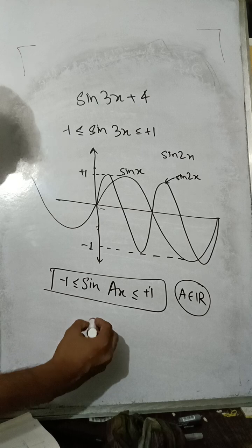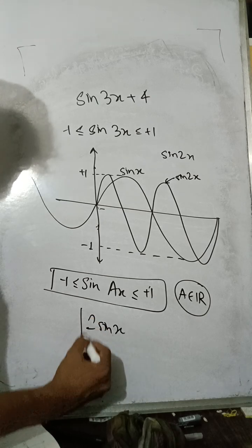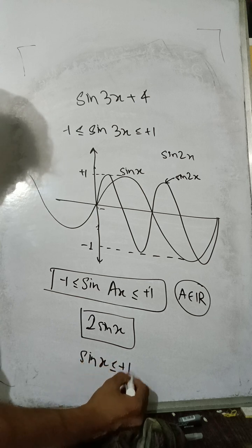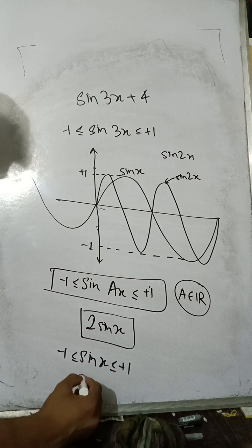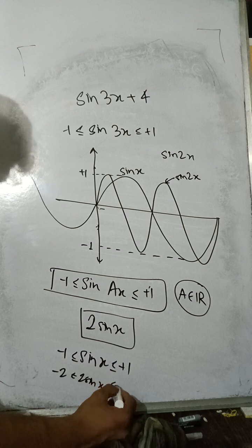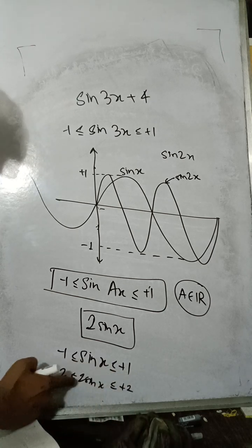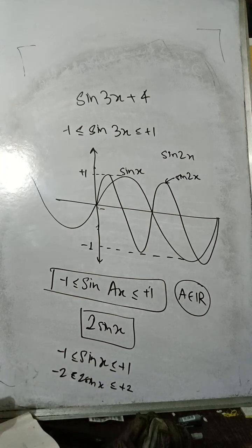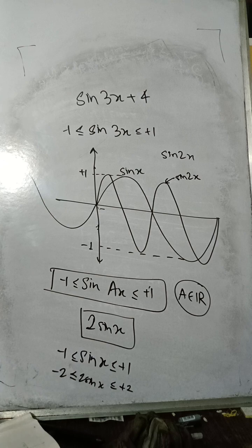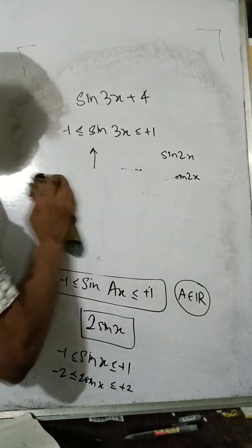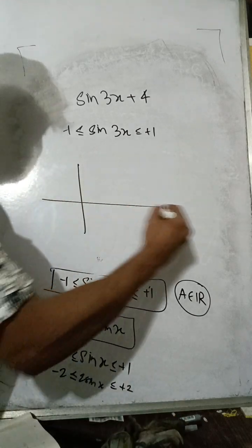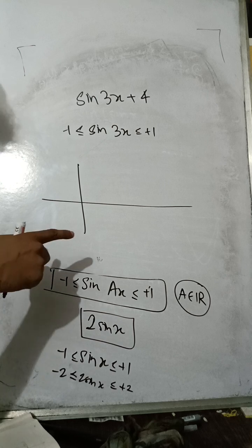However, what about 2 sine x? 2 sine x will be a little different. Look, sine x is between plus 1 and minus 1, so for 2 sine x, we just multiply by 2 on all sides. It becomes minus 2 to plus 2. The minimum value is minus 2 and the maximum value is plus 2. In 2 sine x the amplitude will change, but the frequency will remain the same.